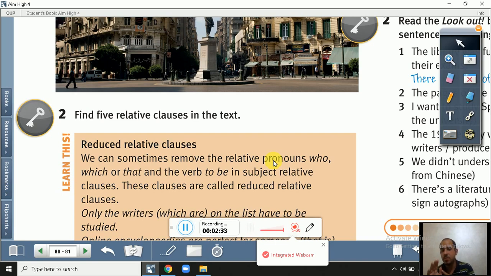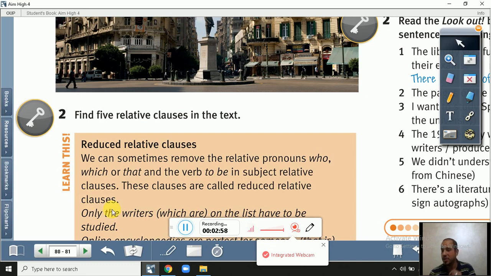Am, is, are, was, and were. Some of these verbs will be combined with who, which, or that, and it will play the role of subject relative clause.